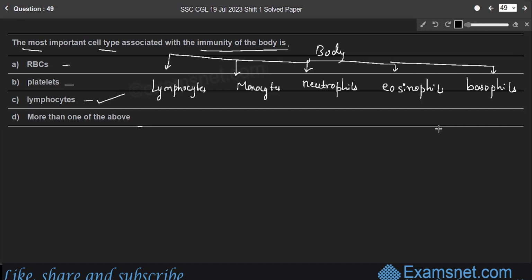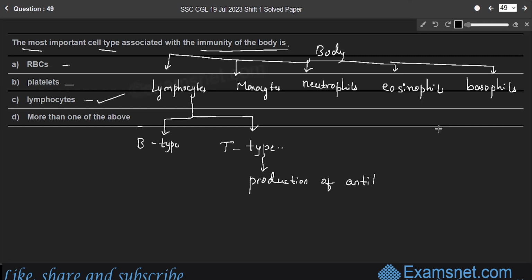Right? So there are 2 types of lymphocytes, B type and T type. T lymphocytes help in the production of antibodies, killing the pathogen.